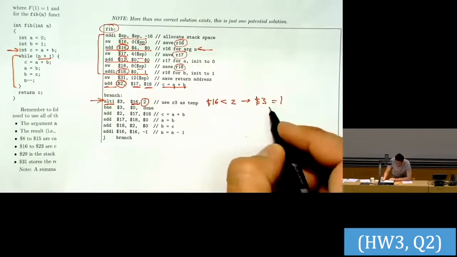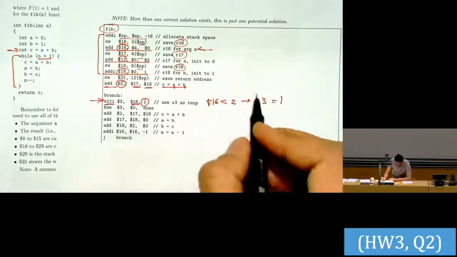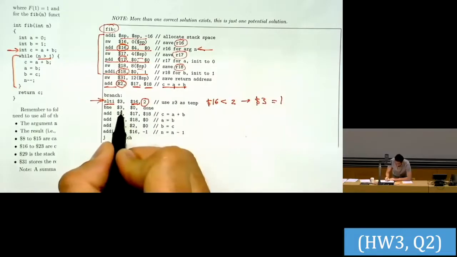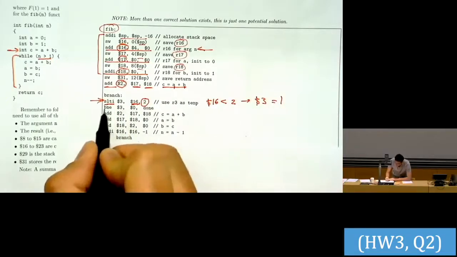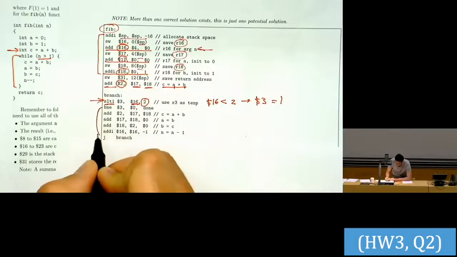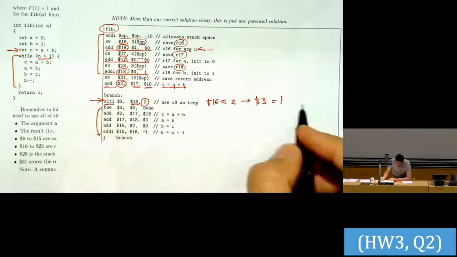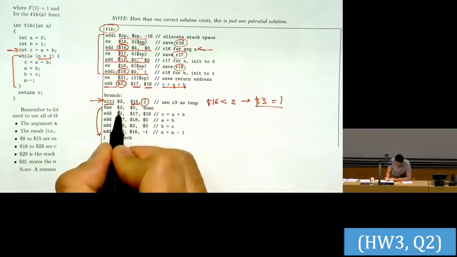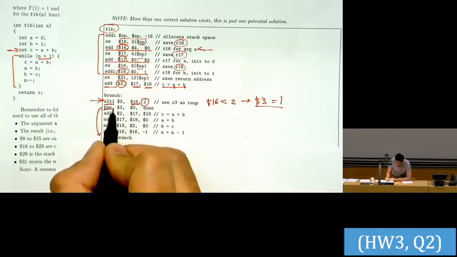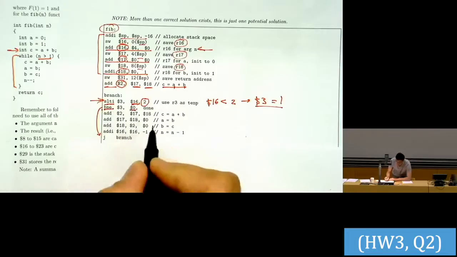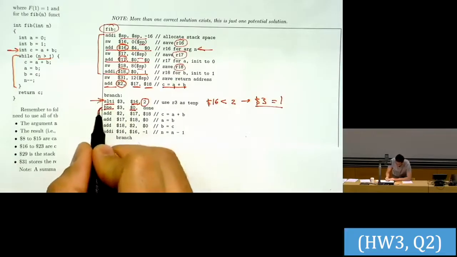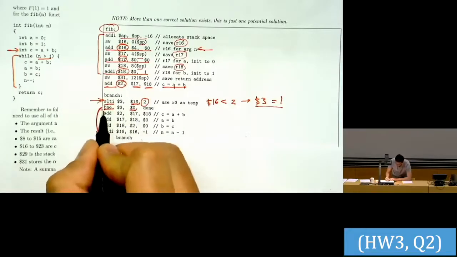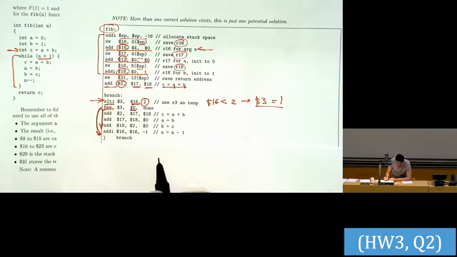Observe that if it's equal to 1, it won't branch. So if it's not equal to 0, it won't take this branch, so it will go to the loop body.